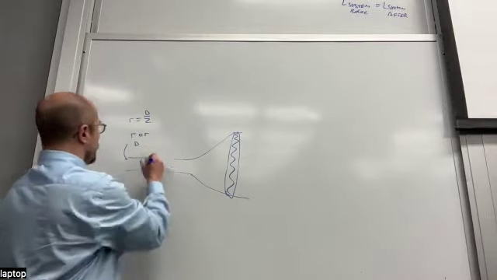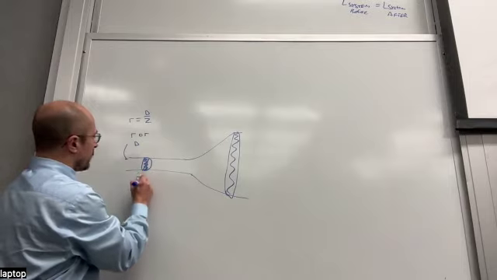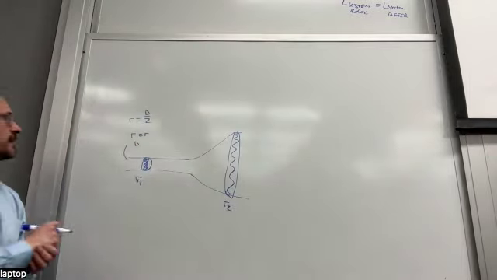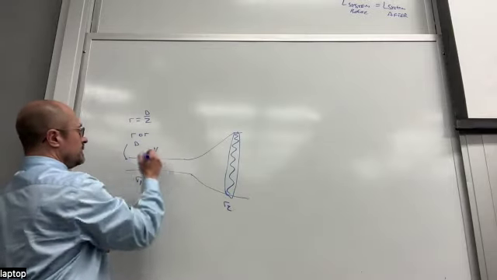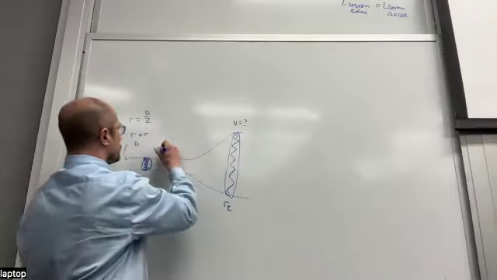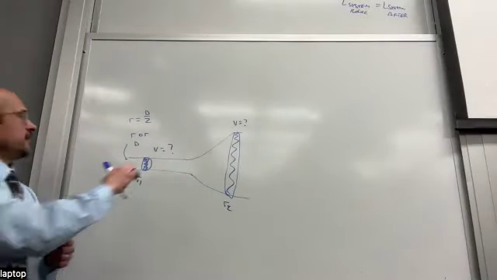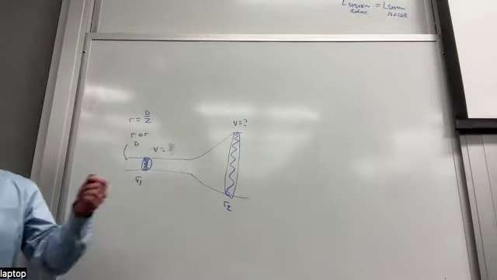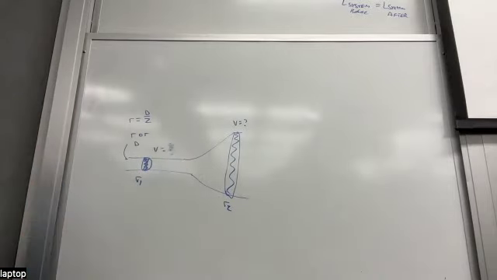Then you'll call this R1 here, R2 there. Now, if they give you the velocity here at some number, and they just want to know the velocity there, then you can just use the continuity of flow.